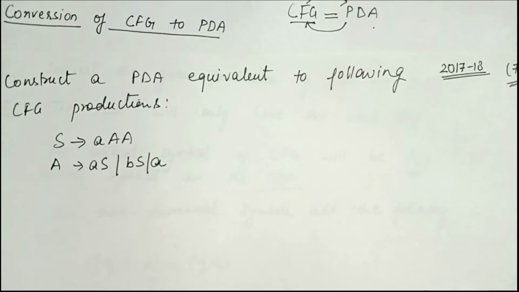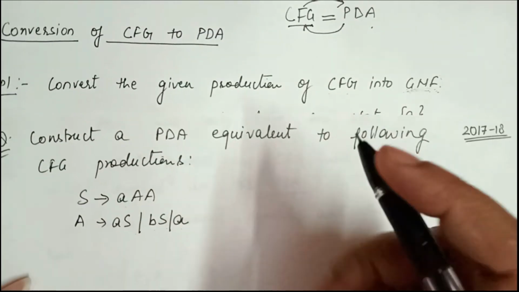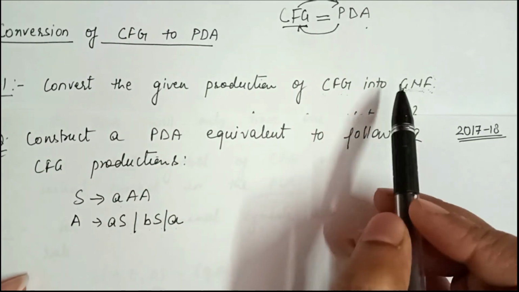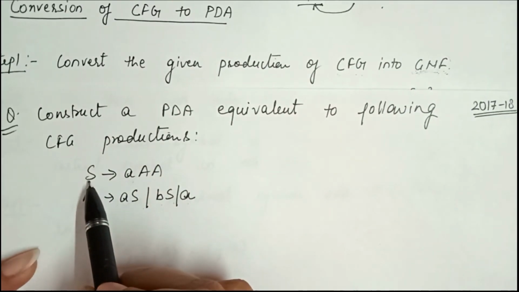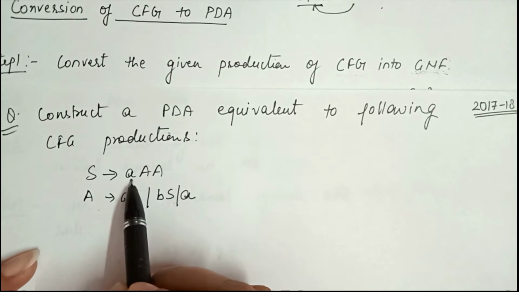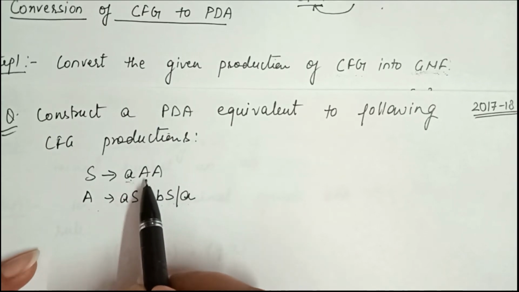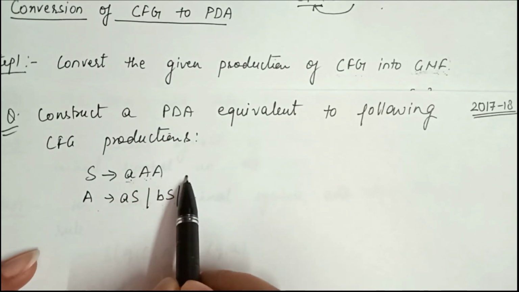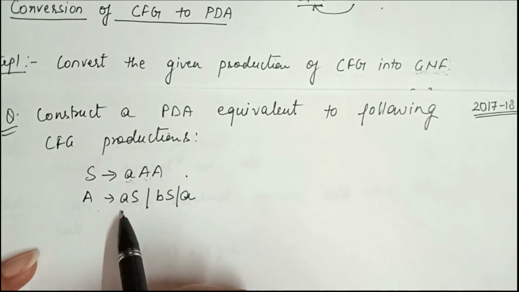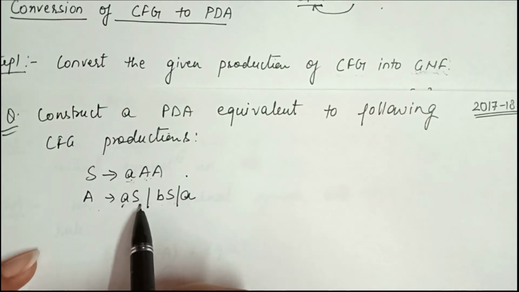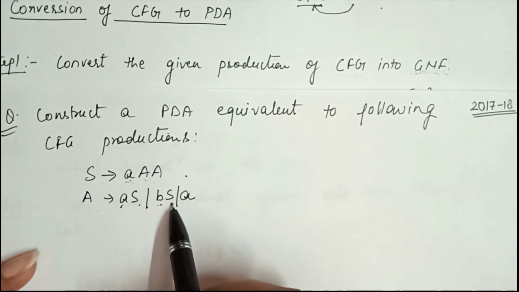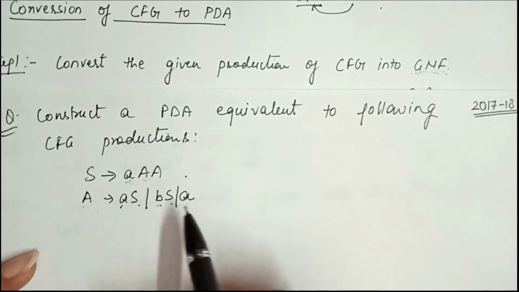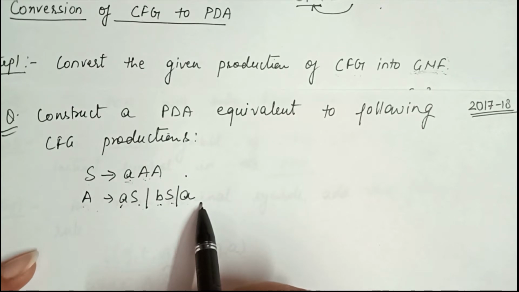First, we have to check whether the context free grammar is in GNF form or not. See, for every production the terminal symbol is followed by any number of non-terminal symbols. This is a terminal followed by non-terminals, and the non-terminal directly produces a terminal.